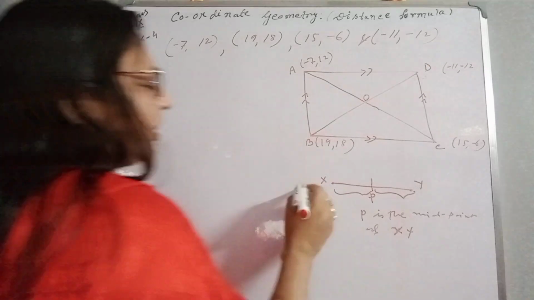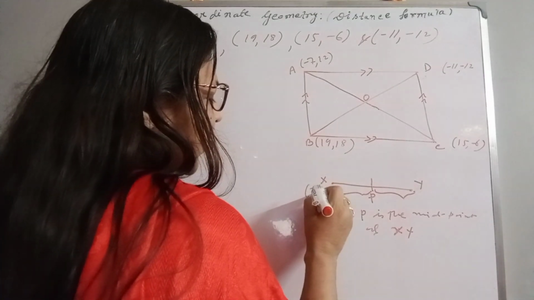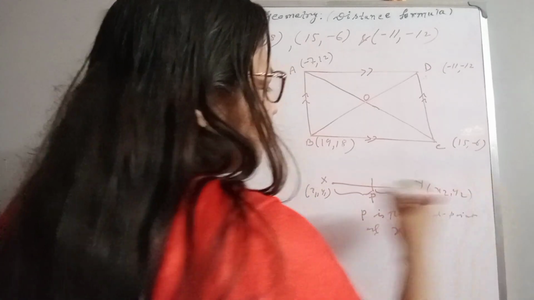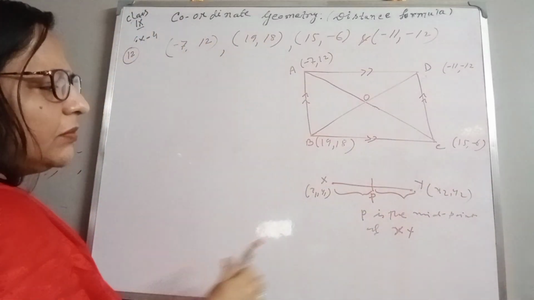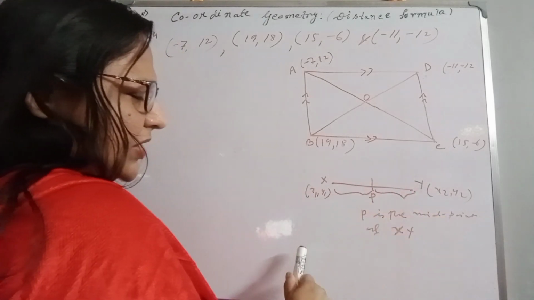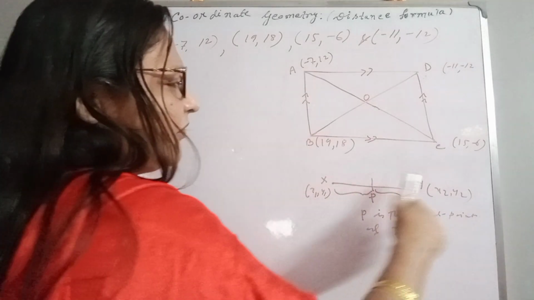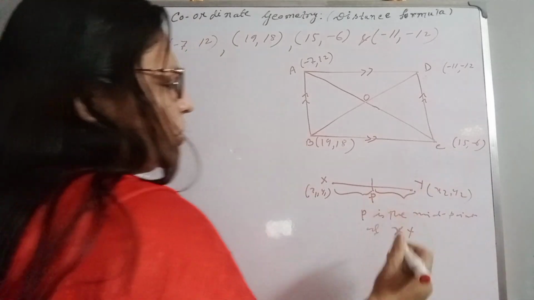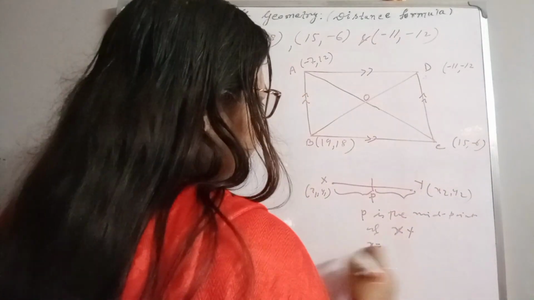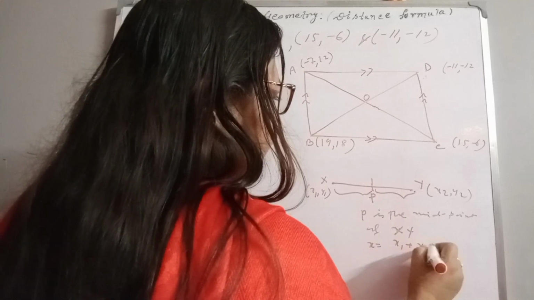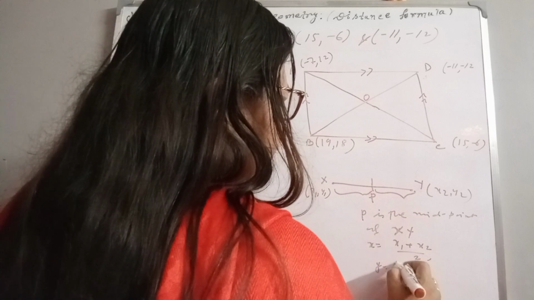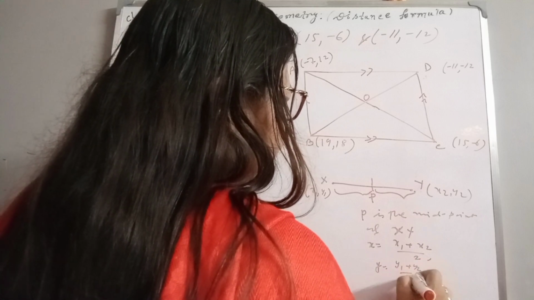Now, if the coordinates of X are X1, Y1 and Y is X2, Y2, how do we find the midpoint? Midpoint means the sum of the X coordinates divided by 2, and the sum of the Y coordinates divided by 2. So the X coordinate of P will be X1 plus X2 by 2, and the Y coordinate of P will be Y1 plus Y2 by 2.